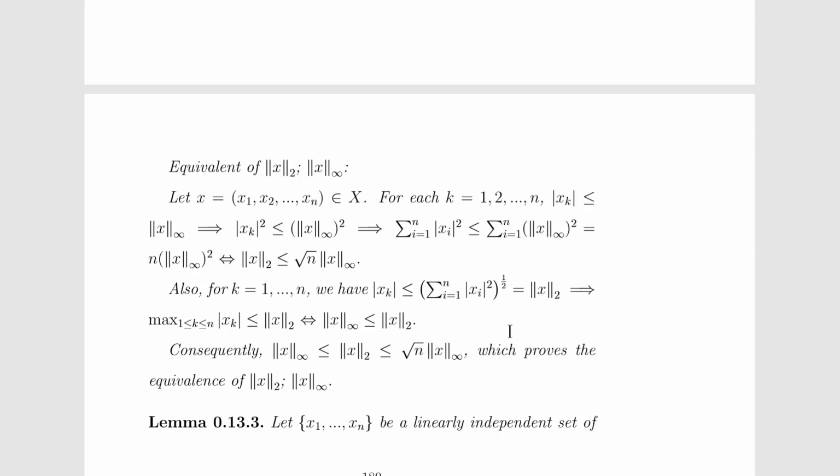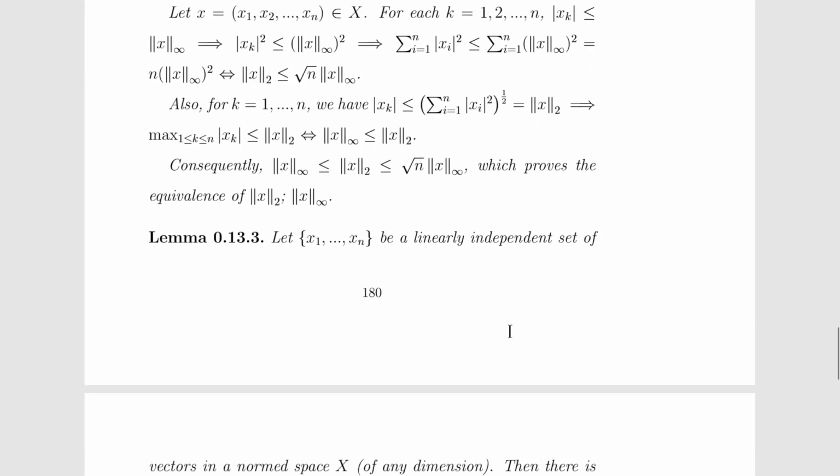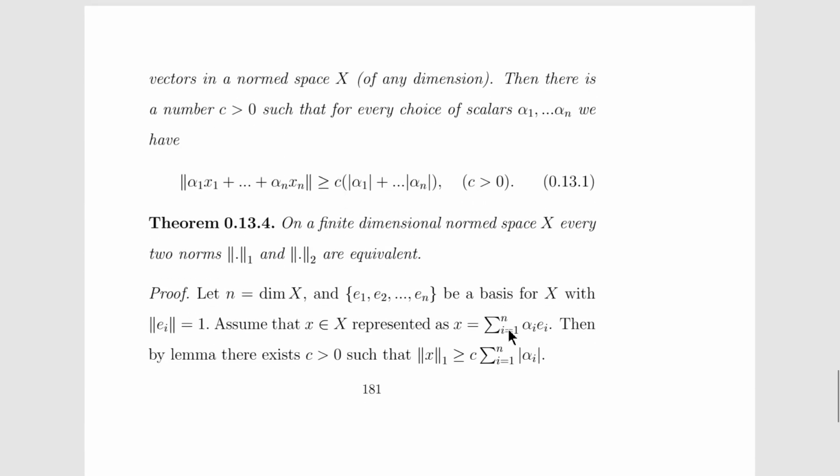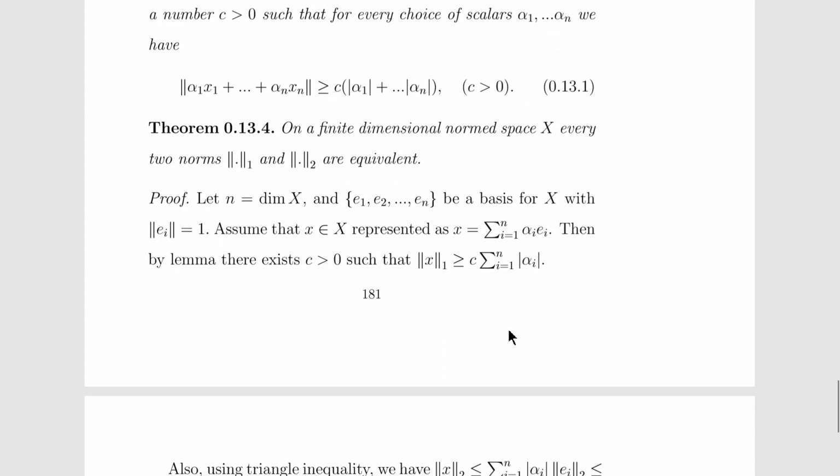Now we consider the equivalence of two different norms in a finite dimensional vector space. In a finite dimensional normed space X, every two norms, norm over 1 and norm over 2, are equivalent.